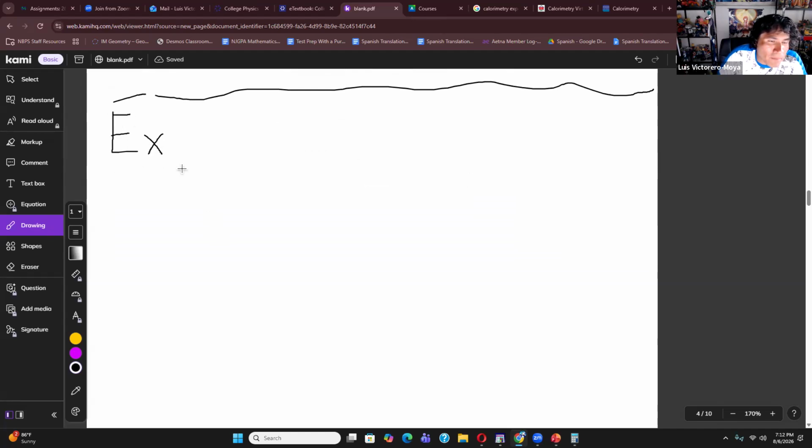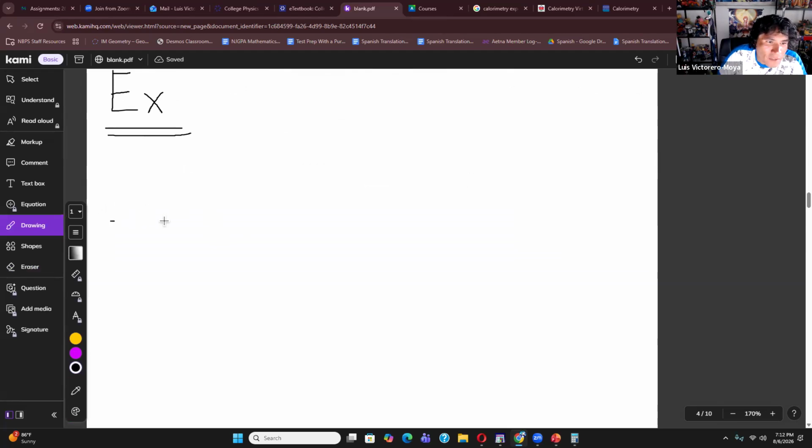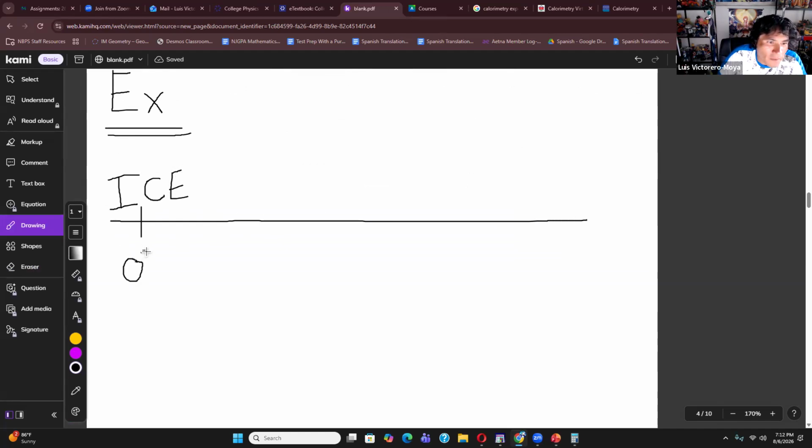It's the same idea as calorimetry, but now you are adding phase change. So it's more interesting now. You do your number line again. You place the ice at 0 degrees Celsius and the water at 25 degrees Celsius.